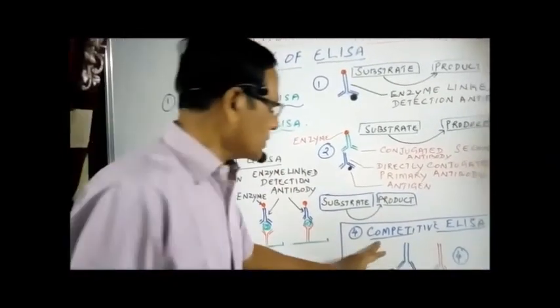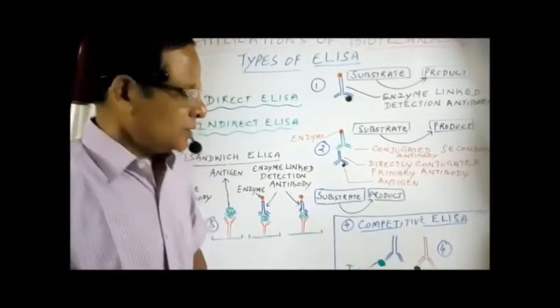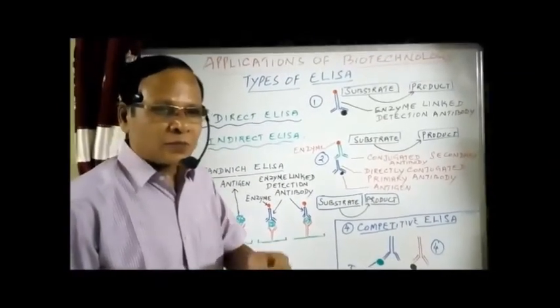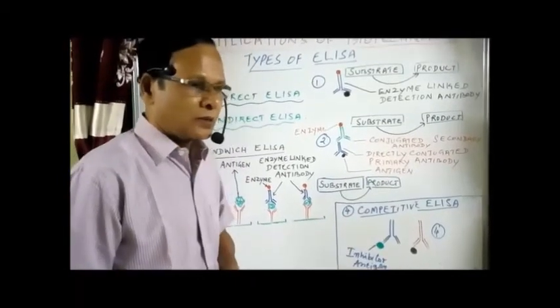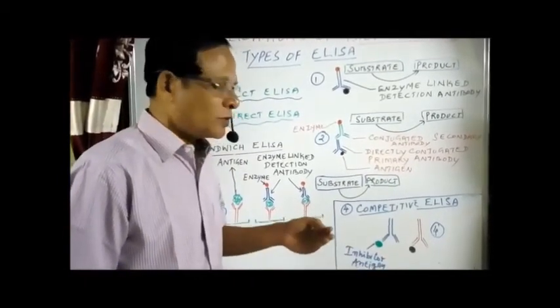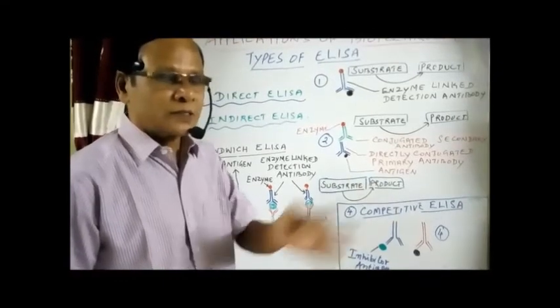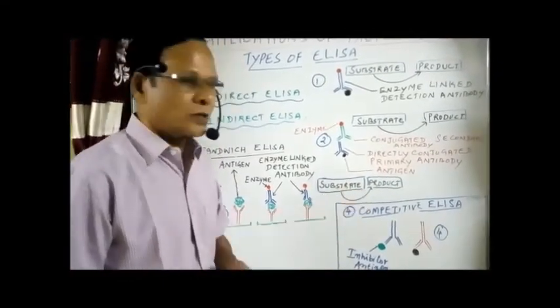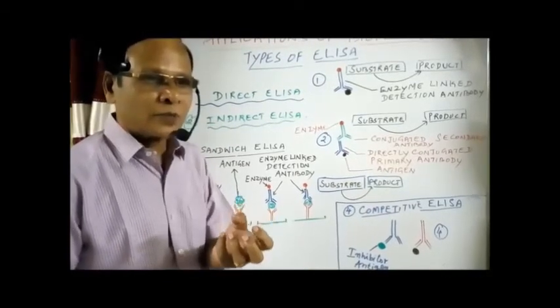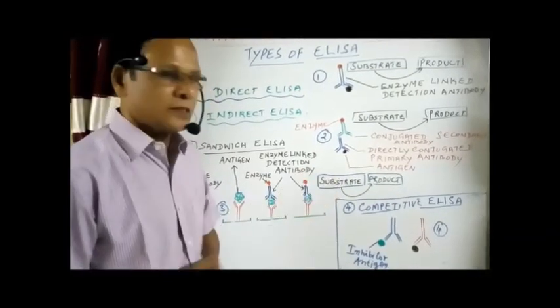The last one, competitive ELISA. Here the number of antigens in the sample is more, so the more antigens in the sample, the fewer antibodies will be able to bind with the antigens. There is competition between the antigens to bind with the antibodies, because we have fewer antibodies compared to the antigens.